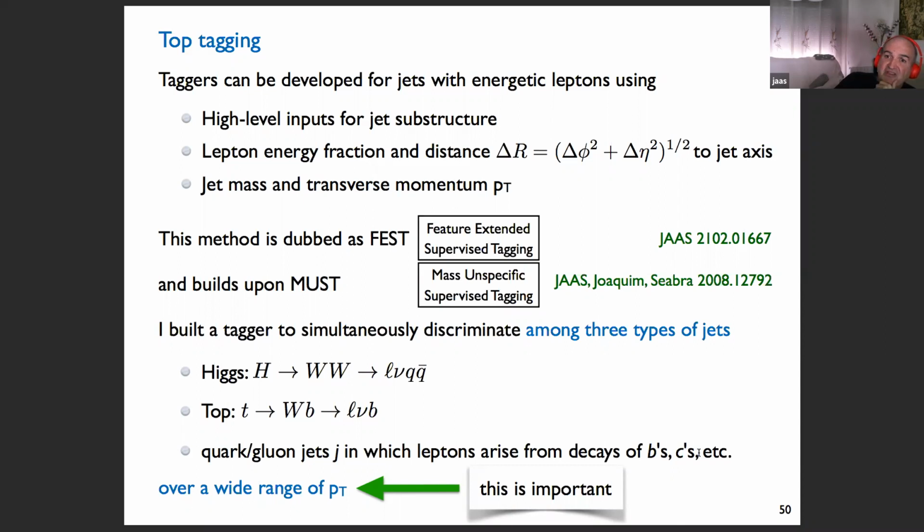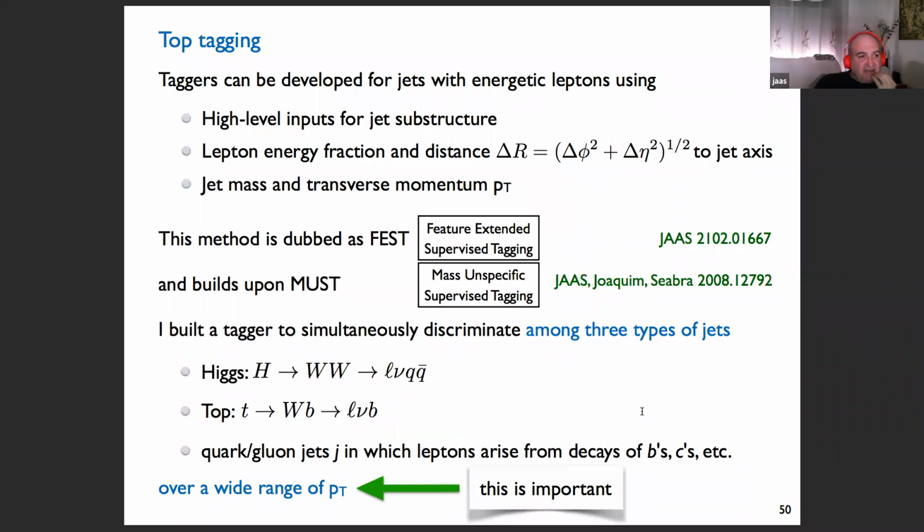In addition, you can use as input to the machine learning tool the energy fraction of the lepton that you can identify, and the delta R to the jet axis. And also, you can use the jet mass and the transverse momentum. This method, I called it FEST, and it's developed building upon a previous method called MAST.